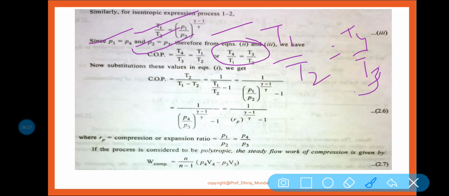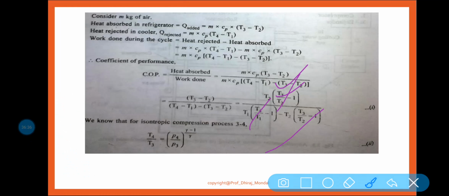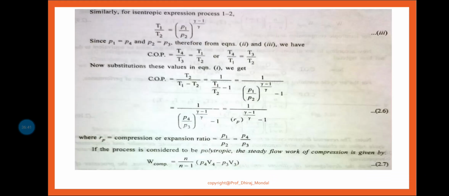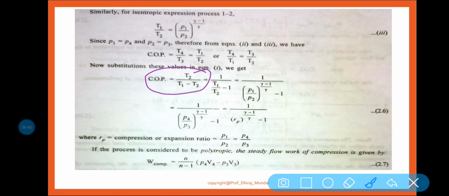In the COP portion you have to put T3 by T2 equal to T4 by T1. So this will be cancelled out because all are the same. So ultimately the equation will be T2 by (T1 minus T2). As in the case of the reverse Carnot refrigerator, T2 by (T1 minus T2) is the COP of the reverse Brayton cycle, or Joule cycle, or Bell-Coleman cycle.